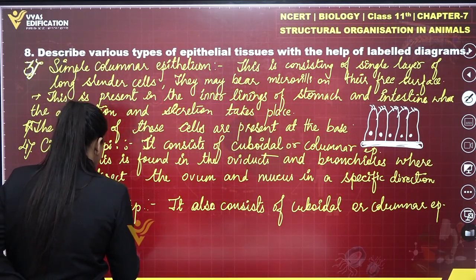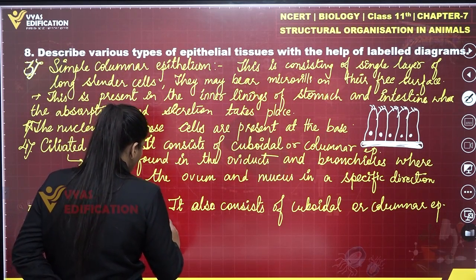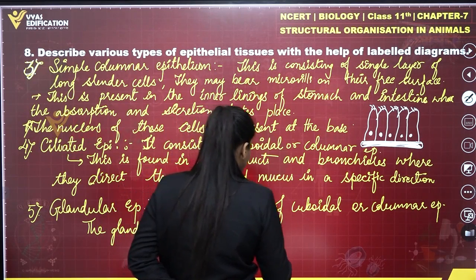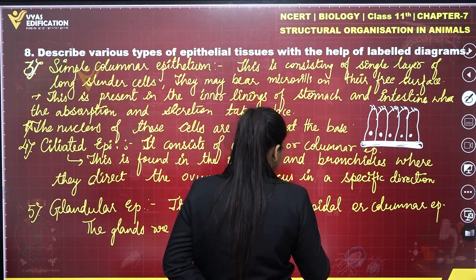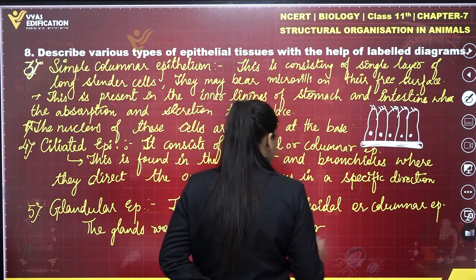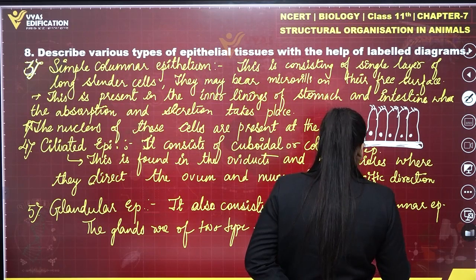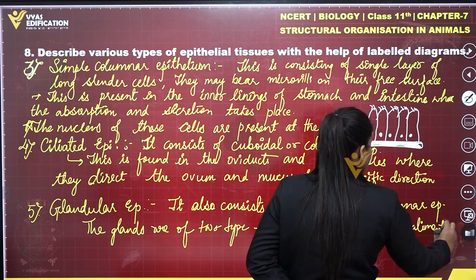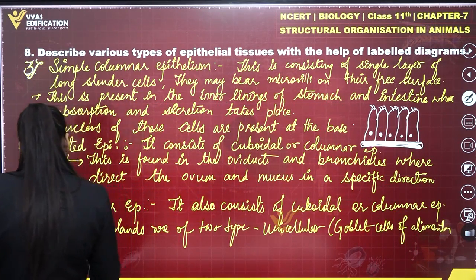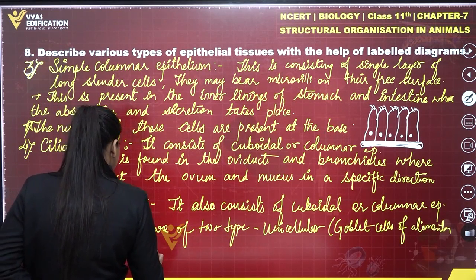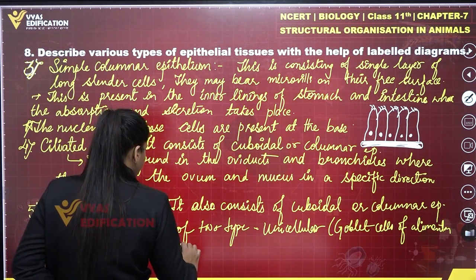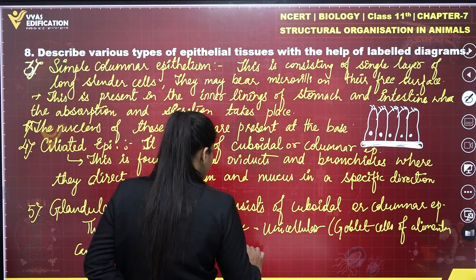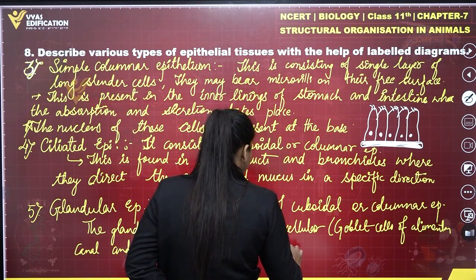The glands are of two types: unicellular, for example goblet cells of the alimentary canal, and multicellular glands such as salivary glands.